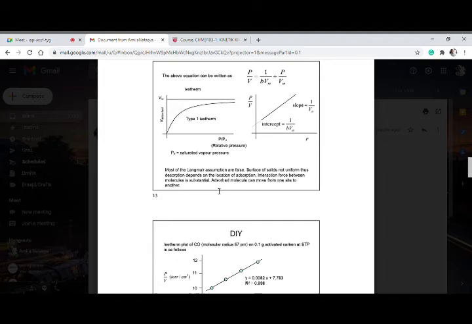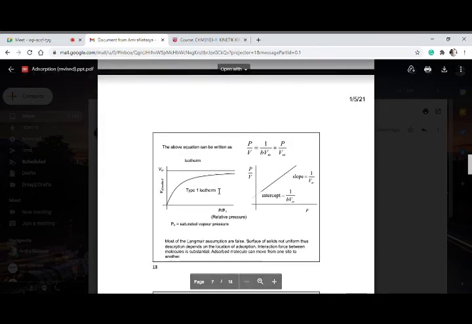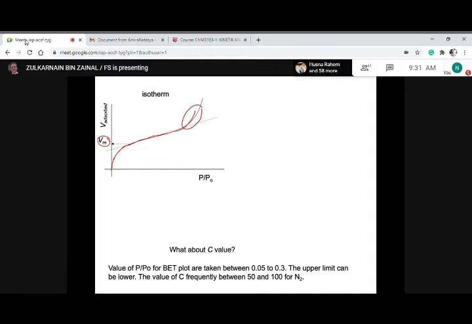So this is especially good for the physical adsorption process. Many people are using this rather than the Langmuir adsorption process, because the Langmuir adsorption process is more relevant to chemical adsorption rather than physical adsorption.